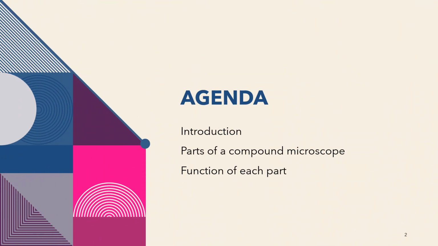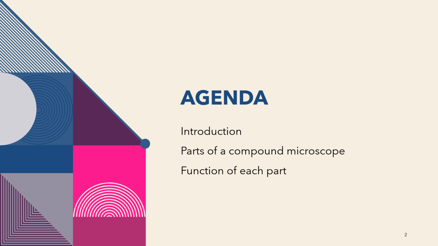At the end of this video, we should be able to identify the different parts of a compound microscope, and we should be able to know the function of each of these parts. So first of all, why is it called a compound microscope?